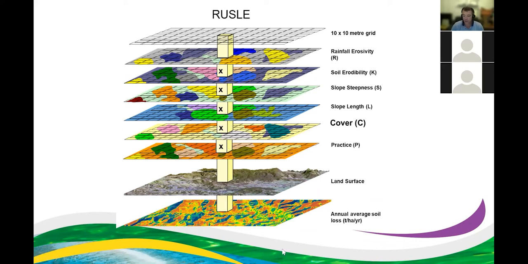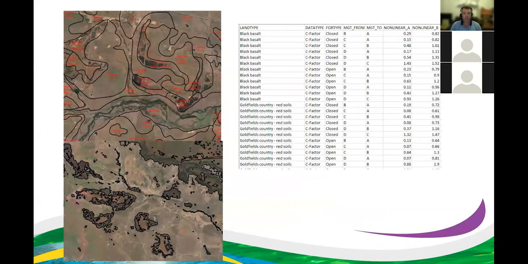Now, by answering the paddock to reef questions, we now give it a practice change. So we say it's gone from a D management or a C or a B management through to a CBA sort of management.